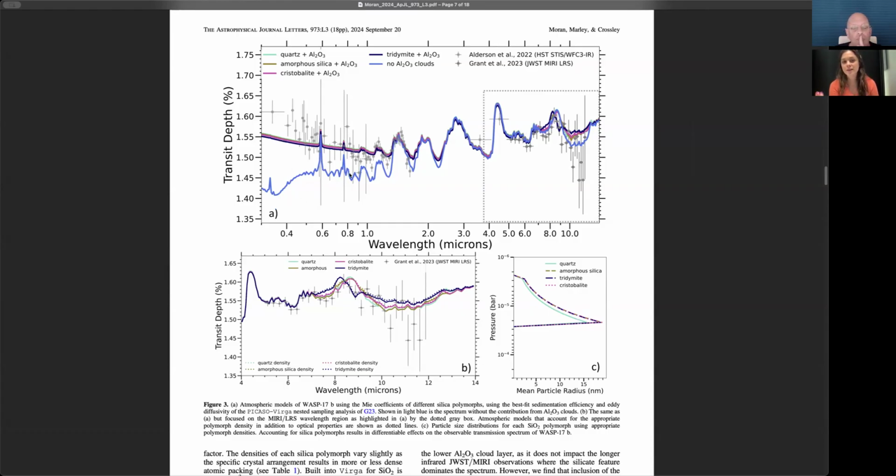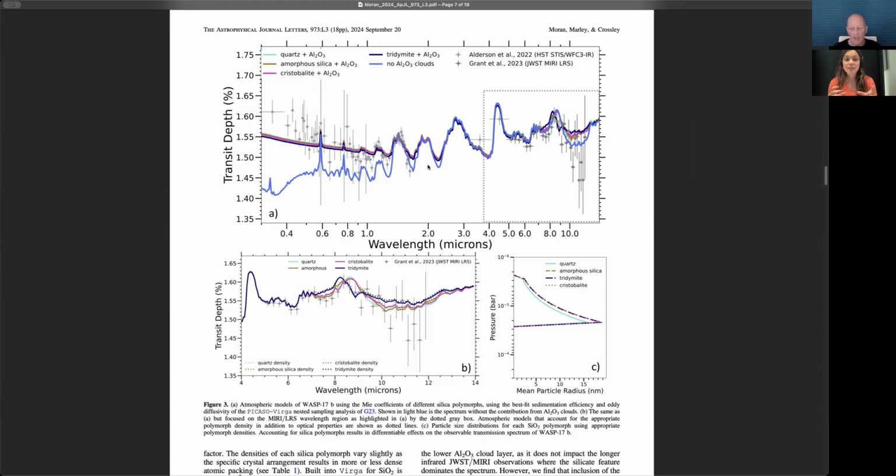That's because, sort of buried in the Grant et al. paper, they had to include a lower, deeper cloud deck in order to make their observations match. And the way that they did that was by using these Al2O3 clouds. And so I put them on my model too, and I'm just demonstrating that that's important here. If you take that out, you get something quite low, something very different. And it took me a minute to realize that, and so I wanted to make it very obvious for my readers.